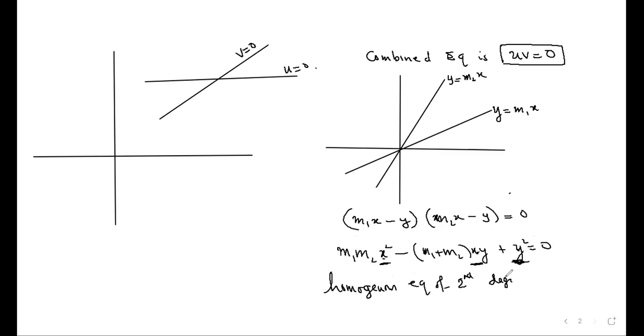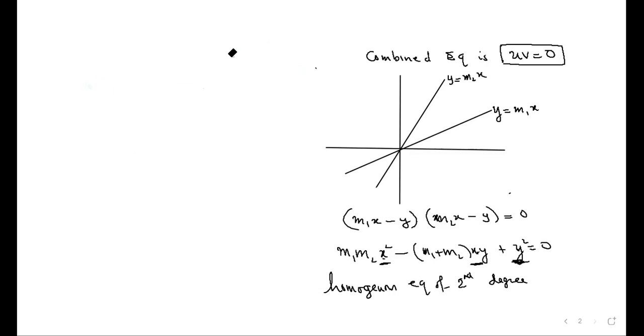So what is your conclusion? Any homogeneous equation of second degree will represent a pair of lines. If you find the combined equation, it will be homogeneous. If I give you a homogeneous equation and find the separate equations, you will notice that both equations are lines passing through the origin.